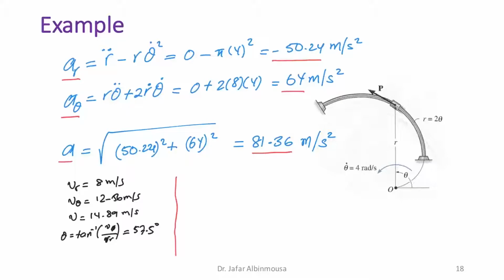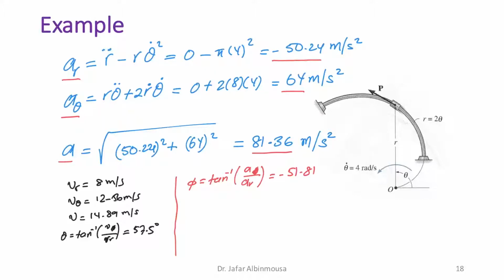So if I find the angle phi for the acceleration, which is the tan inverse of A theta divided by AR, then I will get an angle of minus 51.81.